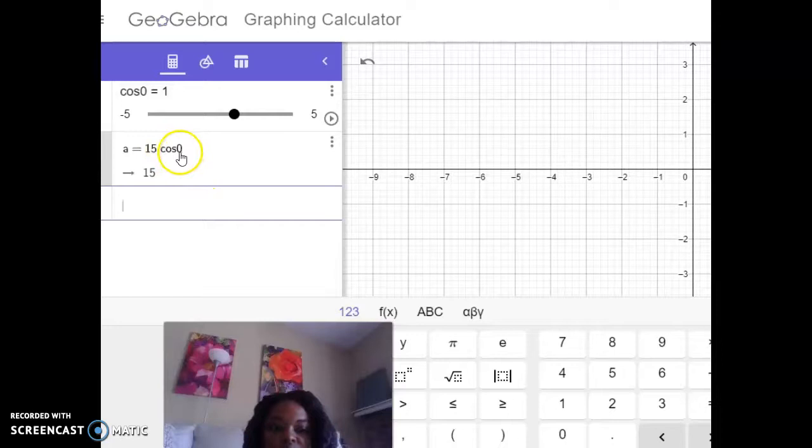So it's using 15 cosine of 0, and it gives you 15 as the answer. Let's say we want to find, let me think of a good one, 15 sine of 60 degrees.